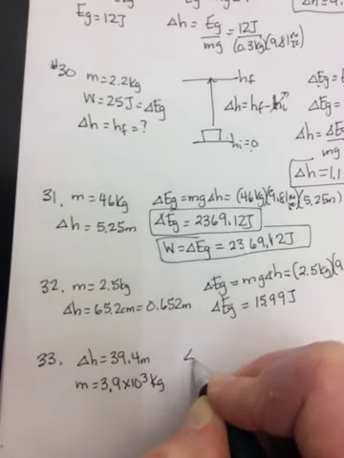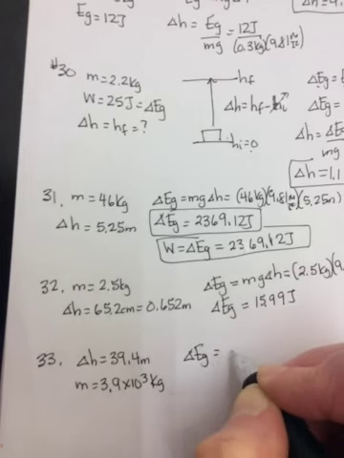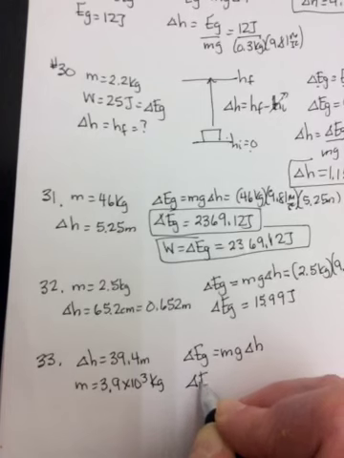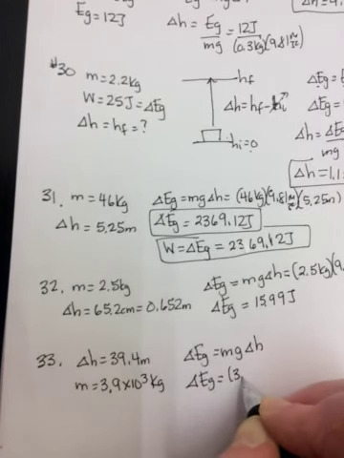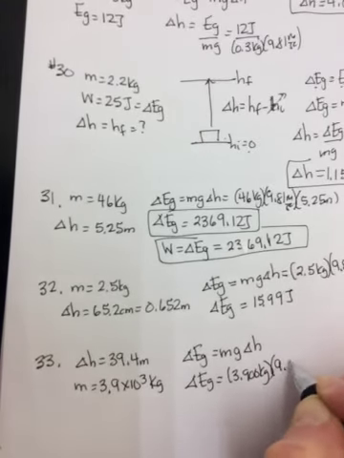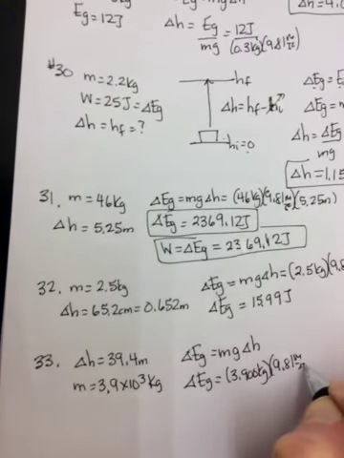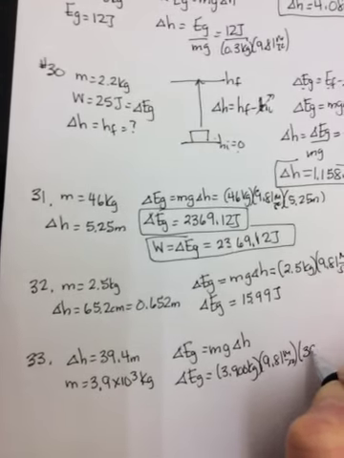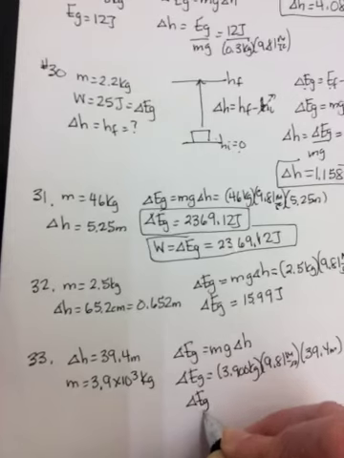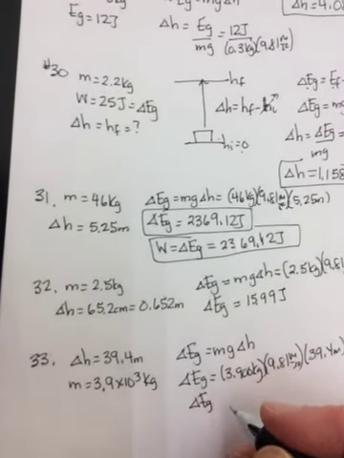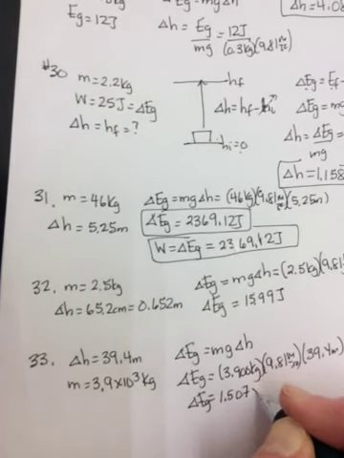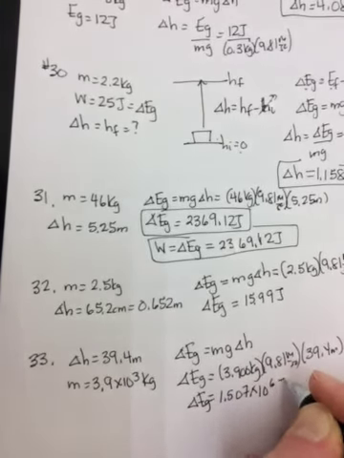And so you're just doing change in gravitational potential energy is equal to mg delta H. So 3,900 kgs times 9.81 meters per second squared times 39.4 meters. And when you do this, you should get a gravitational potential energy to be 1.507 times 10 to the 6th joules.